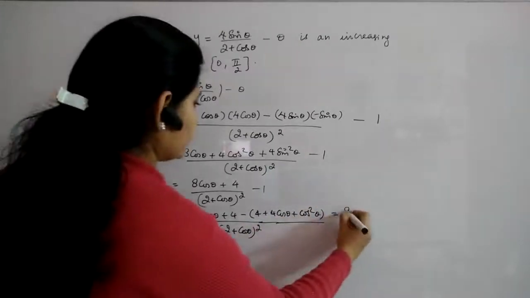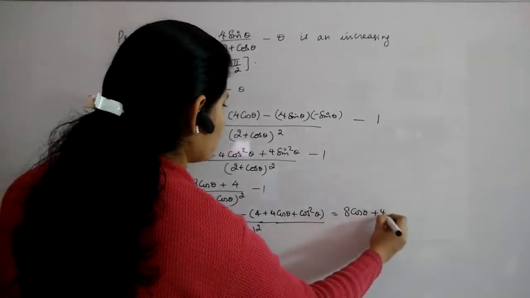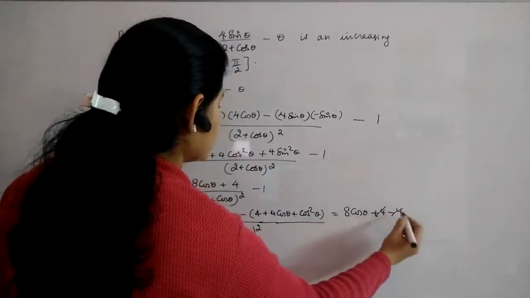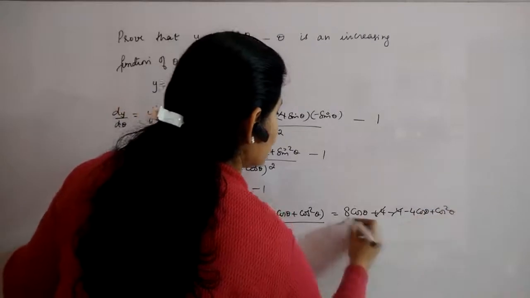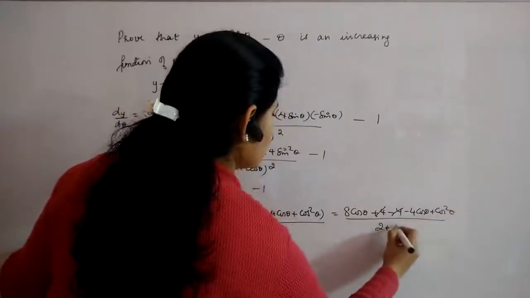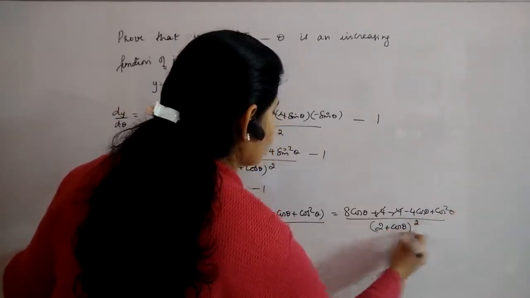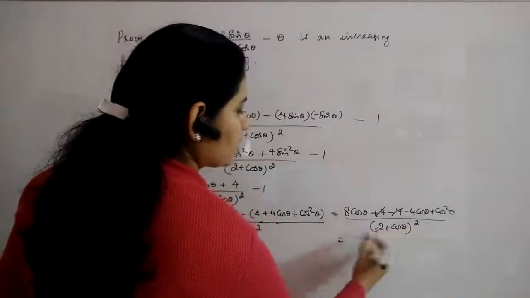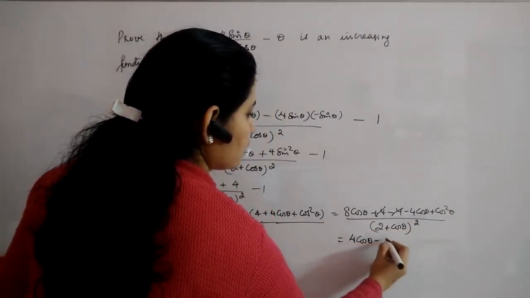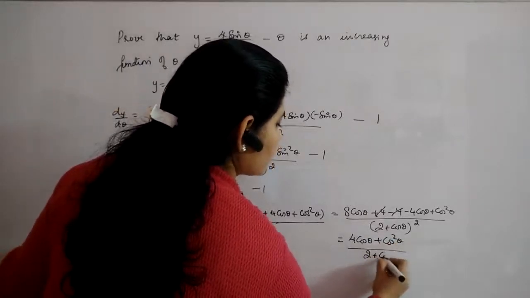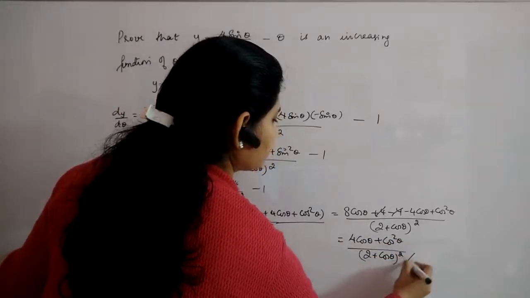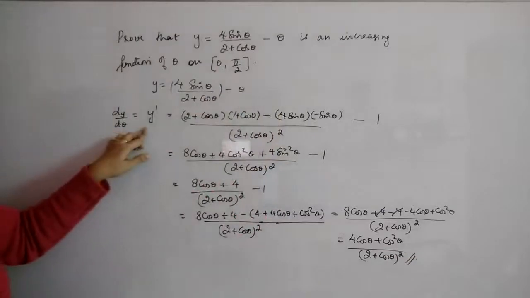The 4 and minus 4 cancel, so 8 cos theta minus 4 cos theta minus cos square theta, which gives 4 cos theta plus cos square theta divided by 2 plus cos theta the whole square. So till here you have got your y dash.